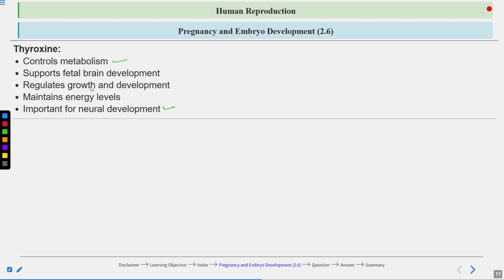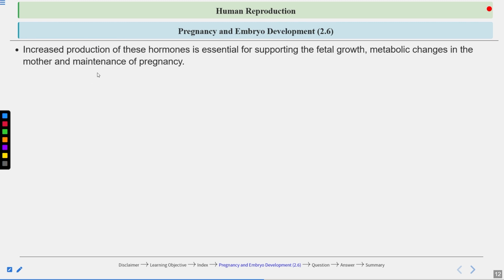So you can see the metabolism of the mother is also affected, because the fetus is now dependent on the mother. It is obtaining nutrients from the mother. Now, increased production of these hormones that we have just studied is essential for supporting the fetal growth, metabolic changes in the mother, and maintenance of the pregnancy.